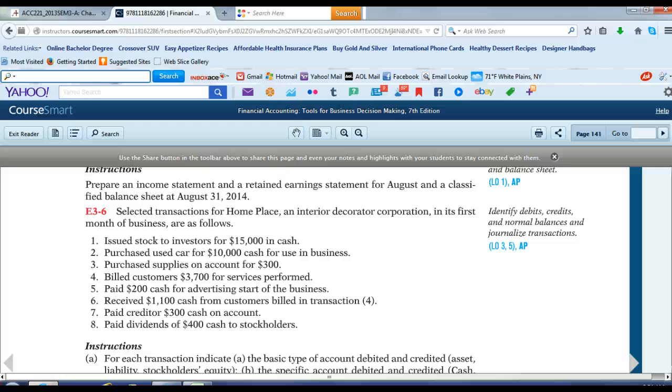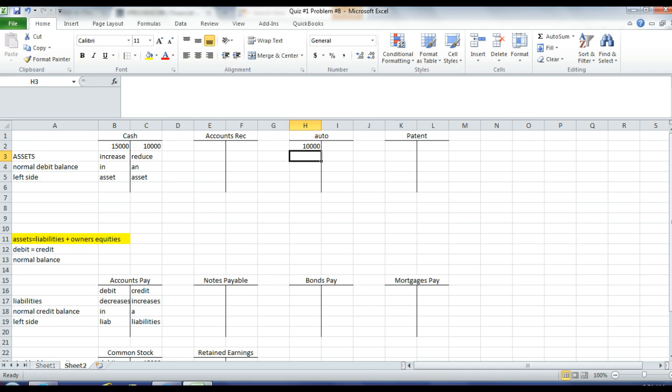And our supplies account, which is an asset, is going to also be increased. So if we can look and fill that out, we have accounts payable that is increased for $300. And then we also have something called supplies, which is an asset. And that asset is increased by $300.